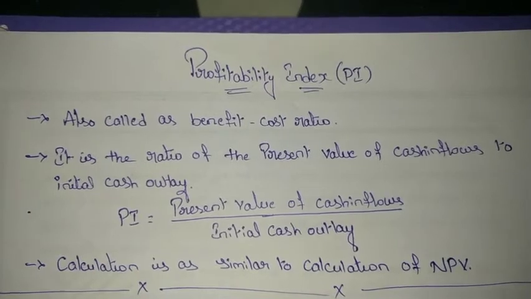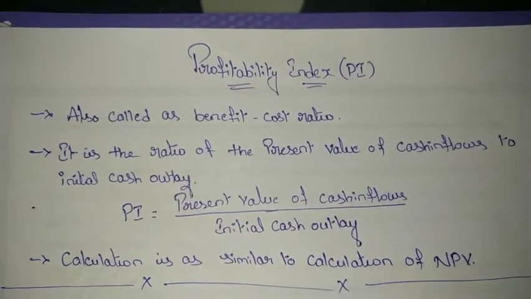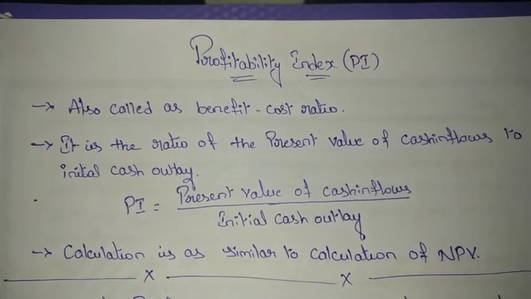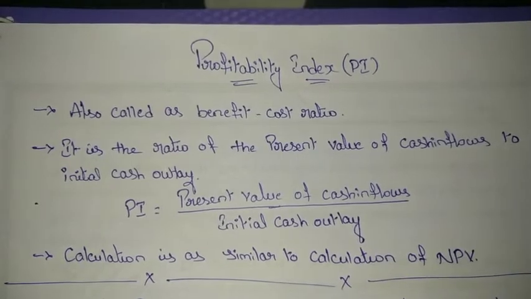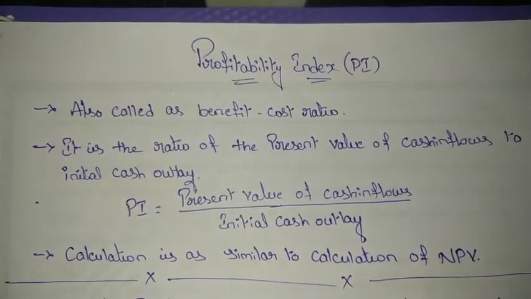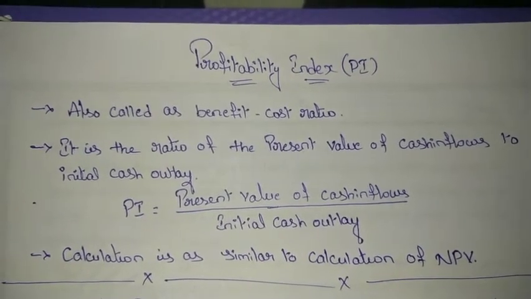And calculation of profitability index is similar to calculation of net present value. In case of net present value, we calculate present value of cash inflows, and from those cash inflows we deduct the present value of cash outflows, that is initial investment. The same thing here we will follow.